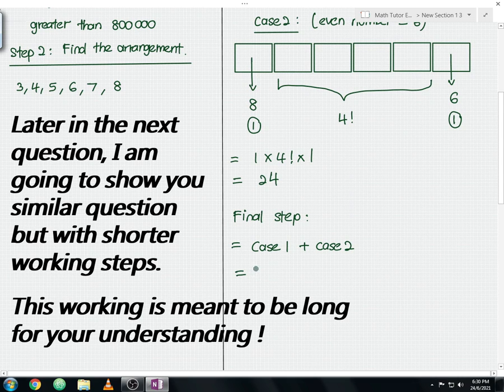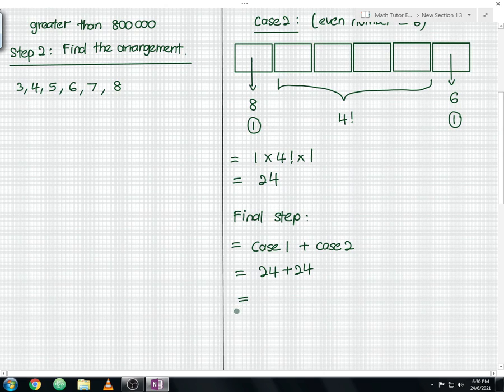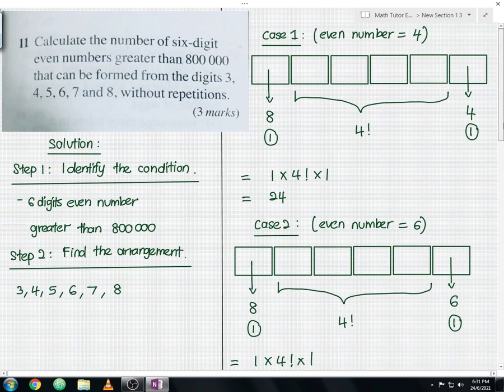So from here equals to 24 plus with 24. So from here you should get your final answer is 48. So you can have 48 arrangements in the condition where you should have 6 digits even number greater than 800,000.